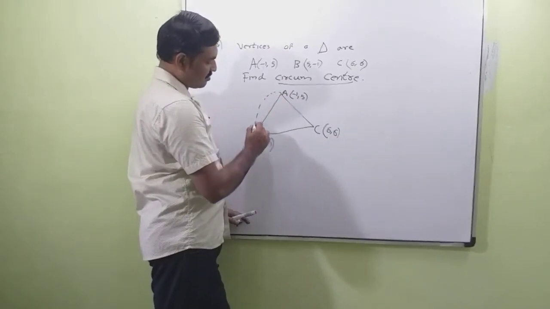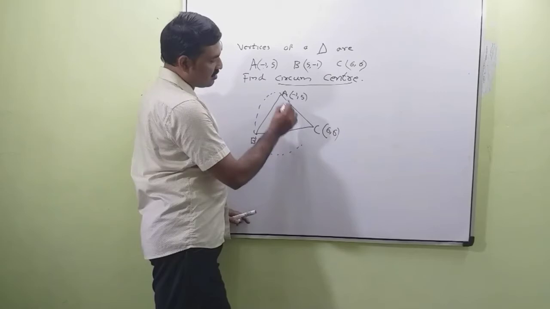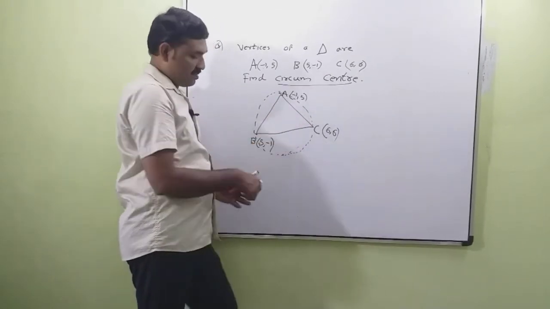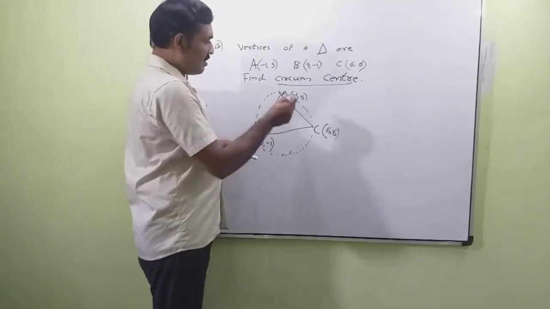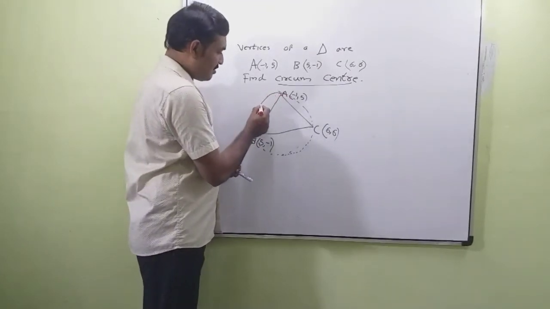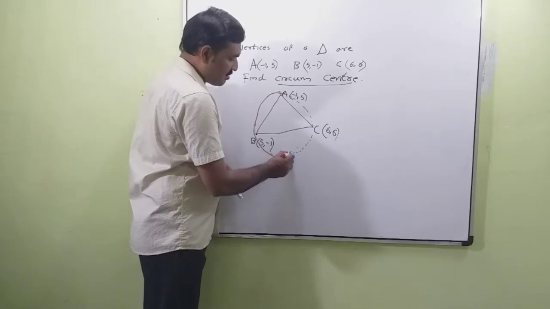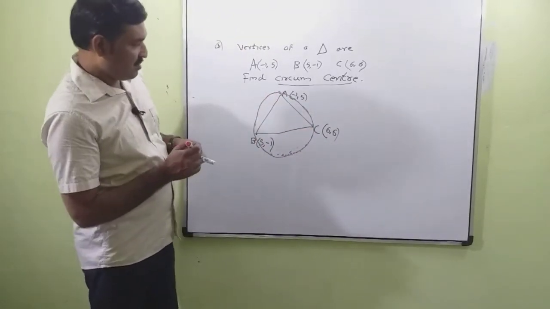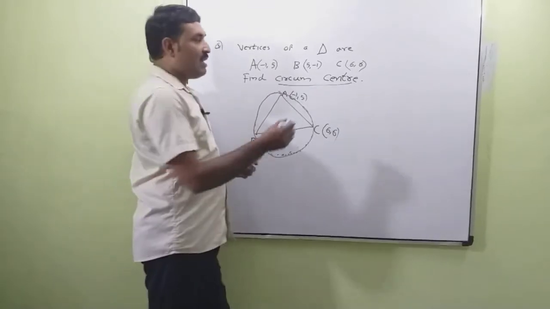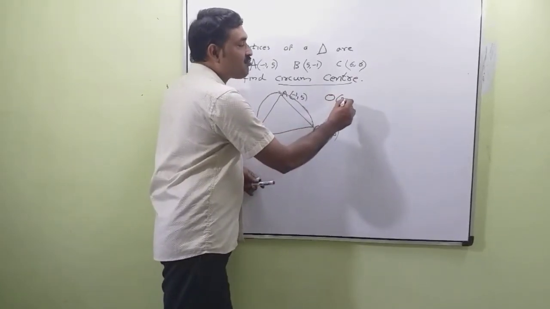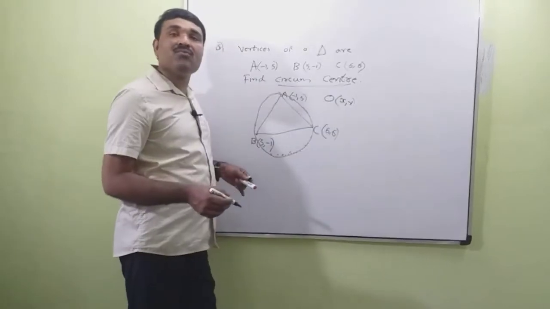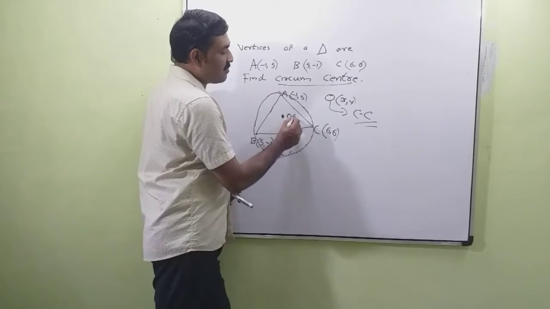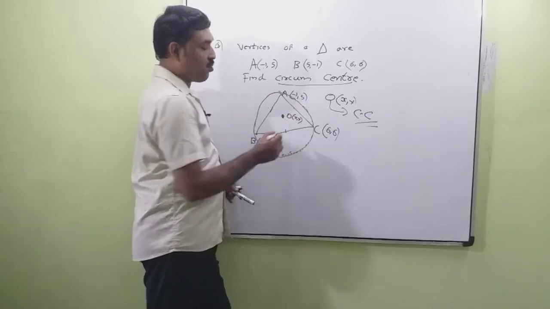Now I am drawing the circumcircle. Now let O(x, y) be the coordinates of the circumcenter. Circumcenter O is represented by the coordinates x comma y.